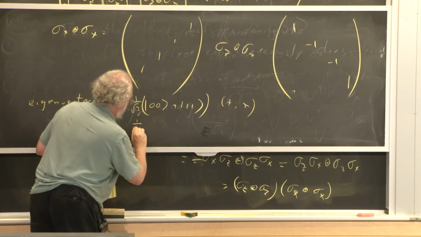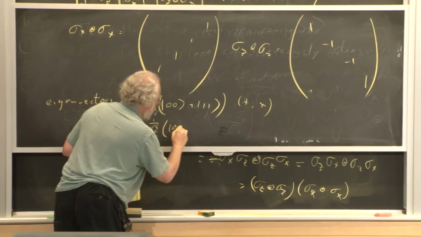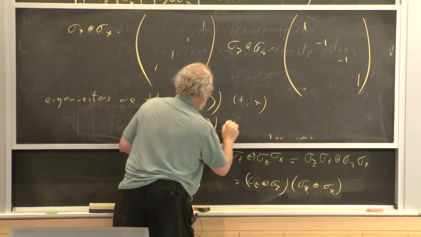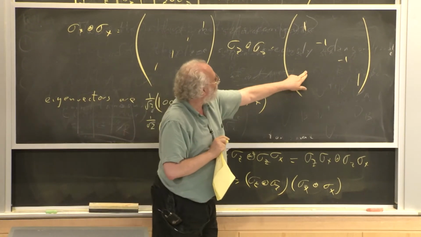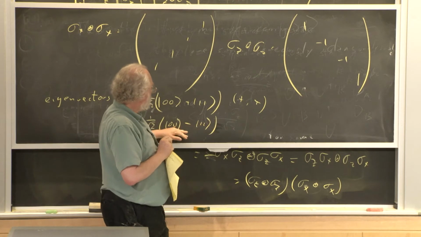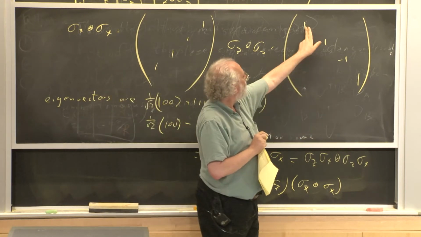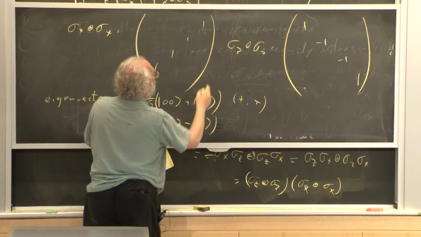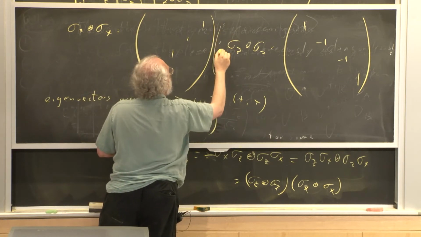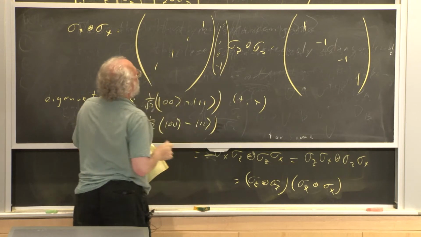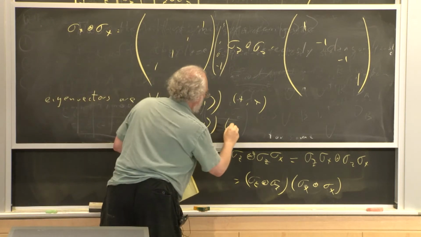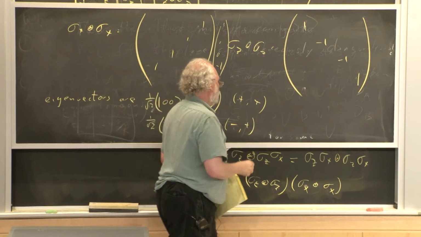And 1 over root 2, 0, 0, minus 1, 1. That's still in the plus eigenspace for this, because 0, 0 and 1, 1 are both in the plus eigenspace. But this vector is just 1, 0, 0, minus 1. And you can see that it's taken to its negative by this matrix. So that's in the minus plus eigenspace.